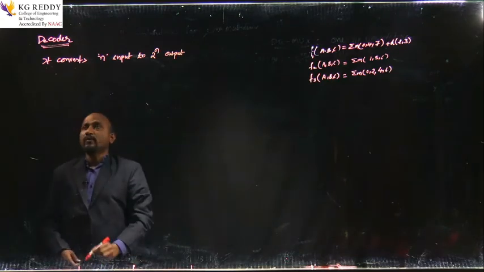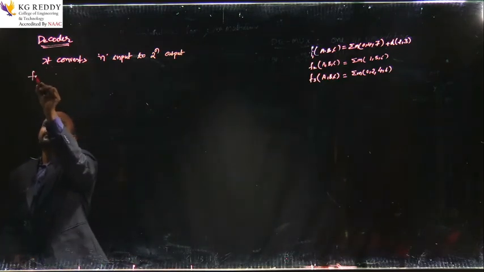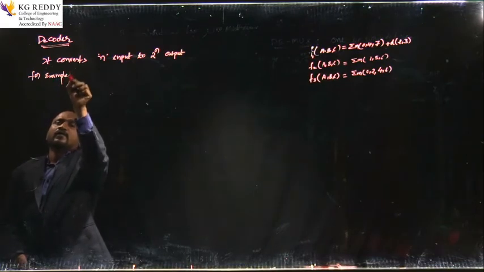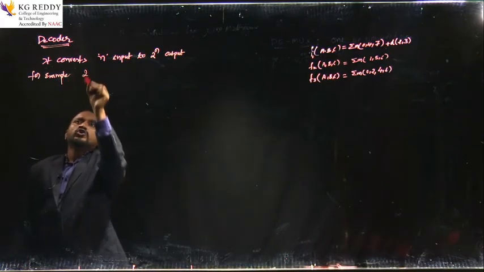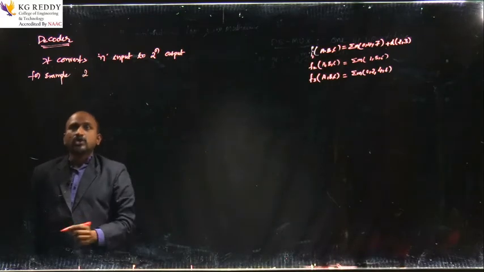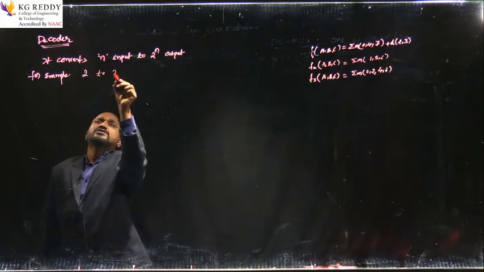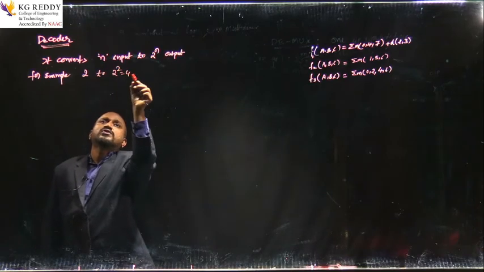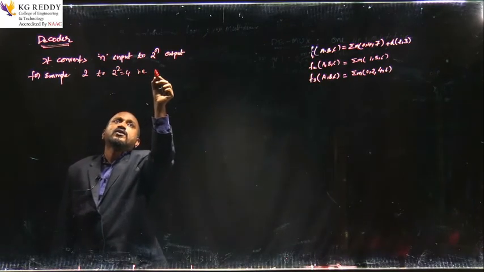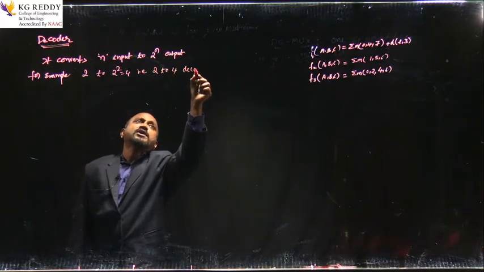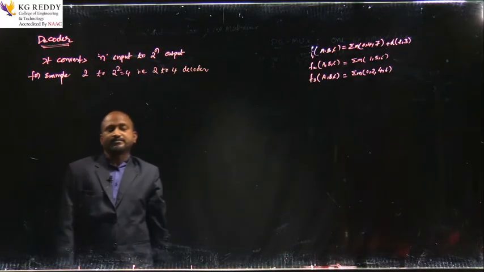For example, if you take two inputs, it converts 2 power 2, which is equal to 4. That is called a 2 to 4 decoder.